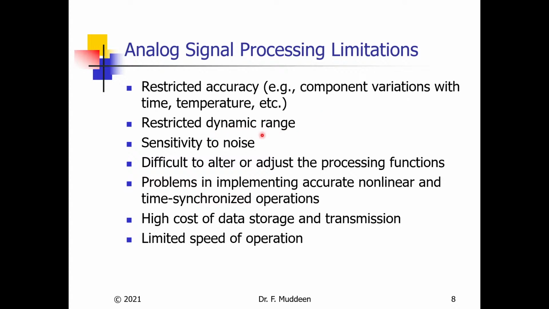Also, because it's a single use, you're restricted to one range, so you don't get a huge dynamic range, and the system is very sensitive to noise. You can't really alter it because it's only suited for one sort of process, and if you have to make any alterations or adjustments, you have to rebuild and redesign the entire circuit.